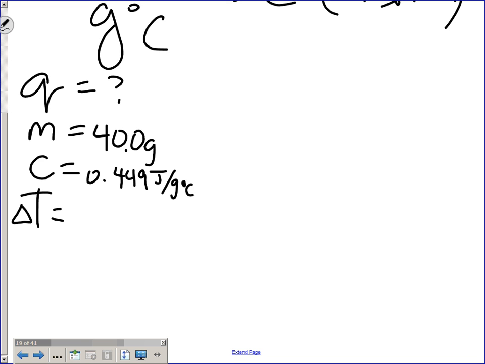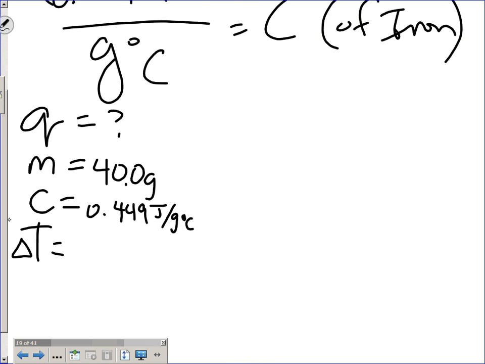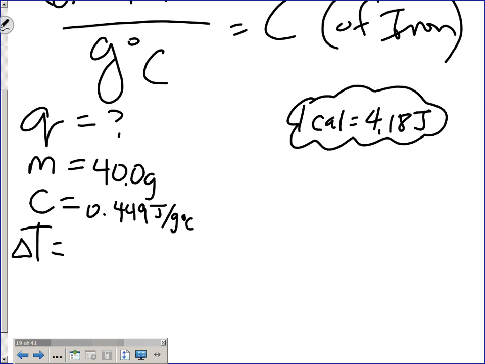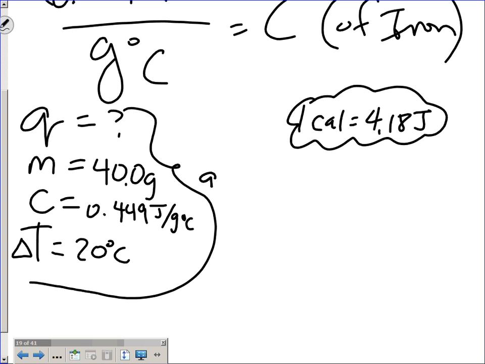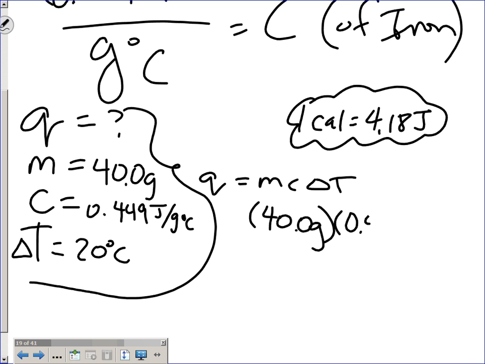It's 0.1 calorie is equal to 4.18. Those two numbers. 359.2.